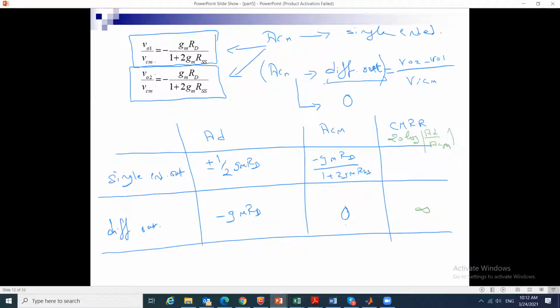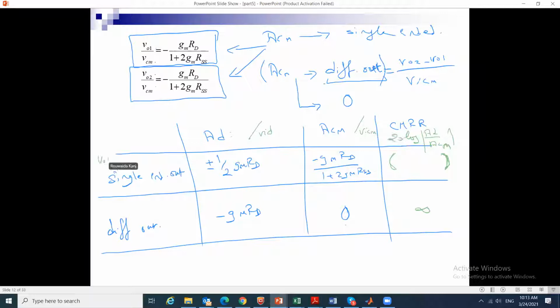In this case, in the single-ended, I will need to reduce the expression as we will see next. But the most important thing is that you are able to identify that this is the gain with respect to VID and this is the gain with respect to VICM.